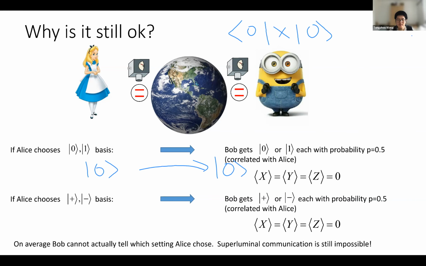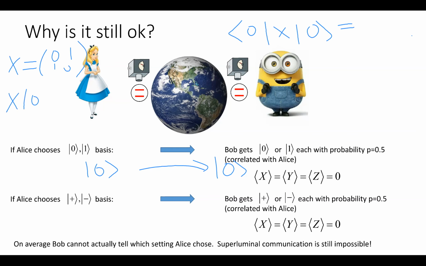Zero. Yes, that is 0, because if you remember the action of X, the X matrix is like 0, 1, like this. X kind of flips the spin, right? So X acting on 0 becomes 1, and then it's the inner product of 0 and 1, and that's 0.